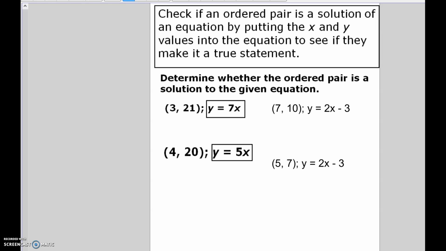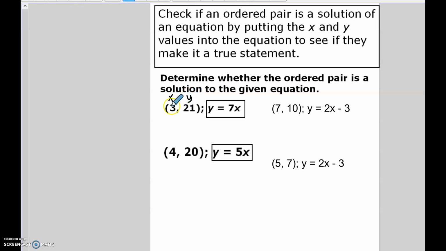Okay. Now what we're going to do is go backwards, and if we have an equation, we're going to see, does this ordered pair match this equation? Does this work? So in a coordinate, the first number is always x, and the second number is always y.